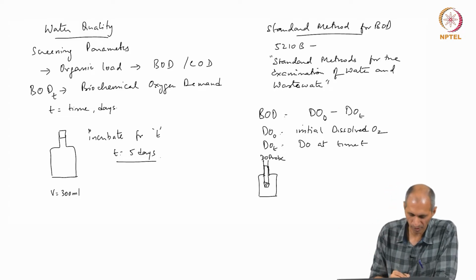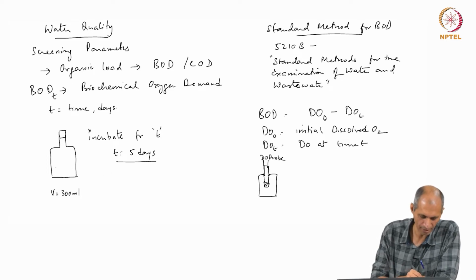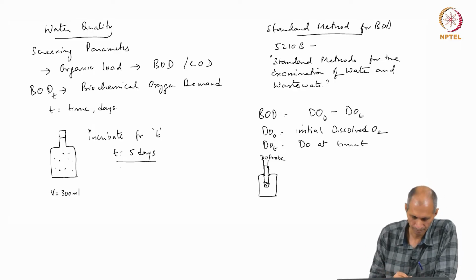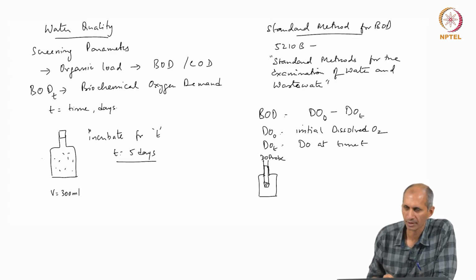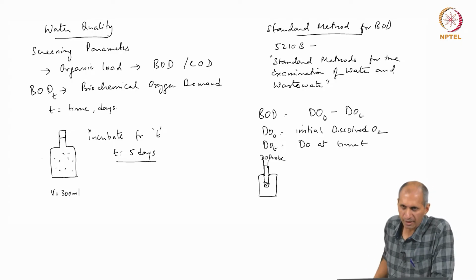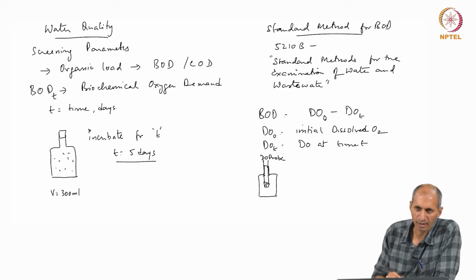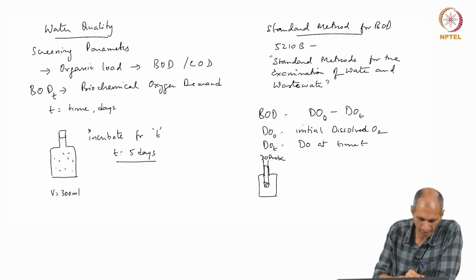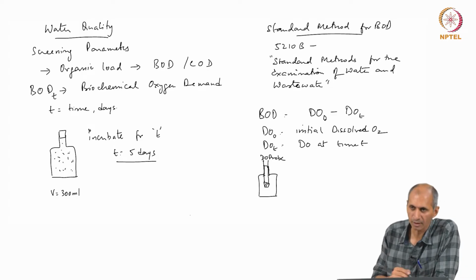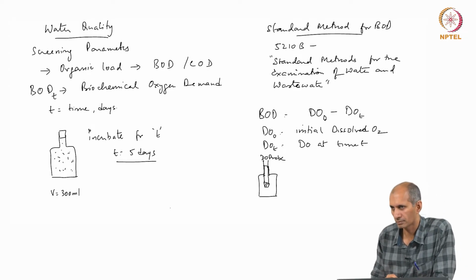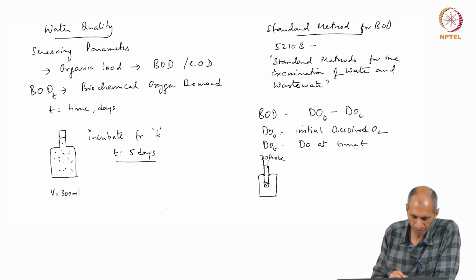What happens in T days is the microorganisms present in the water consume oxygen to degrade the organic compounds that are present in the water. What are the possible errors in this?